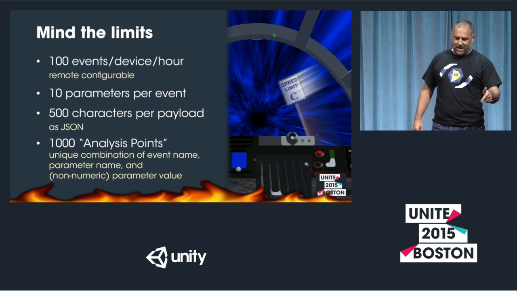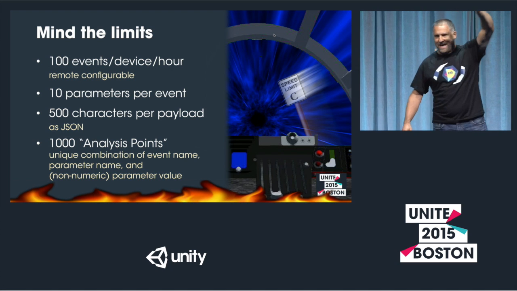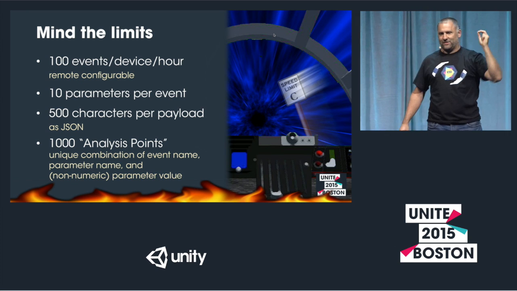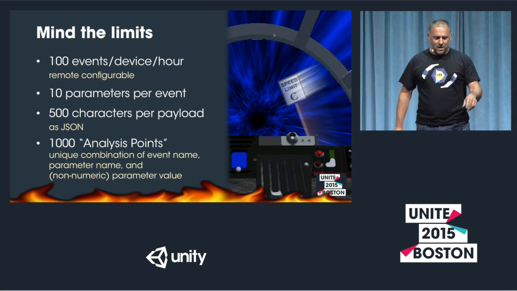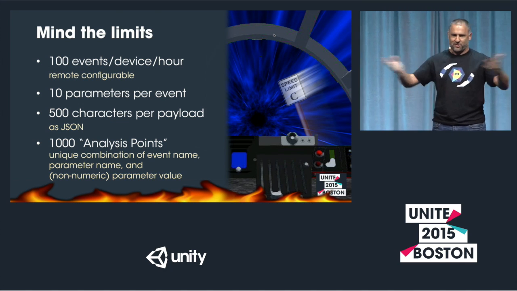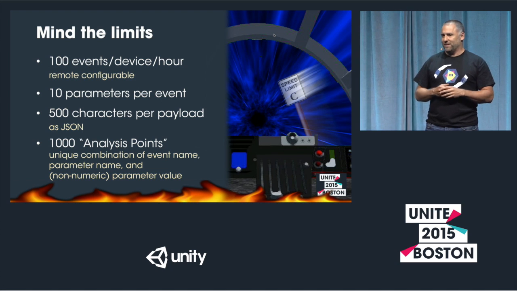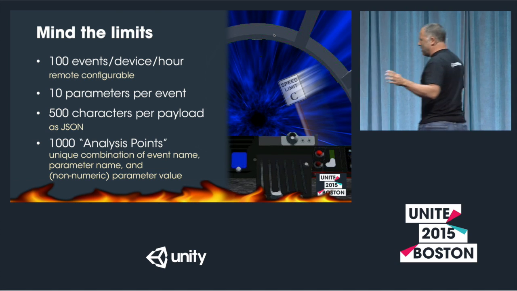And then you have the value of that. That might be level 1. That's an analysis point. Right? It's a unique combination of those values. Numbers are excluded from that. We give you a buy on numbers because obviously numbers are going to run out into a roughly infinite number of combinations.